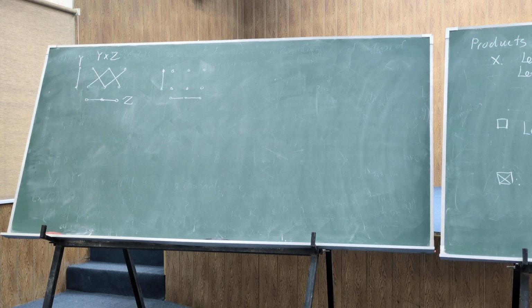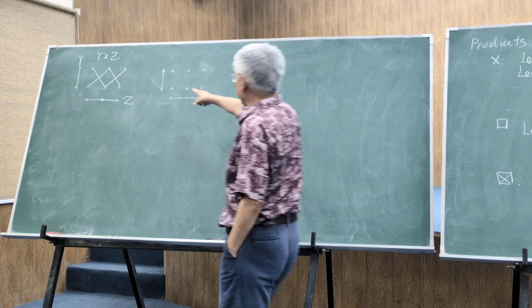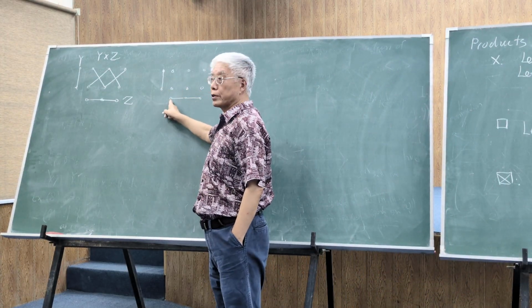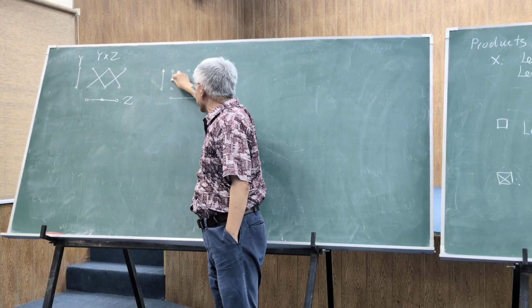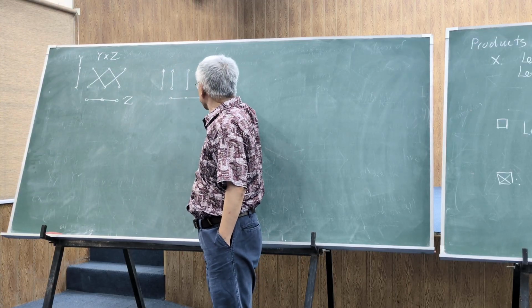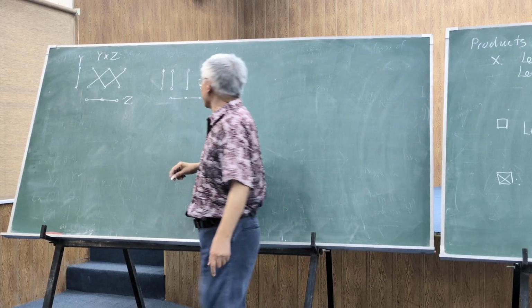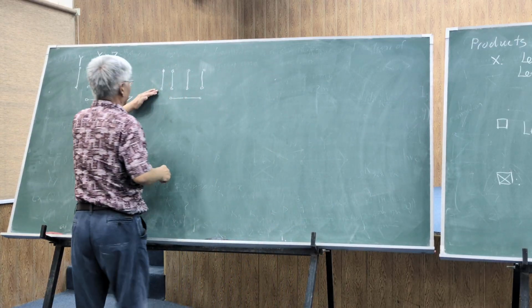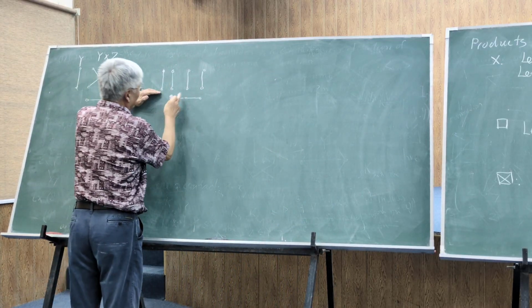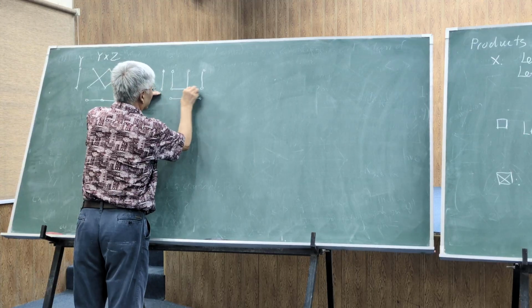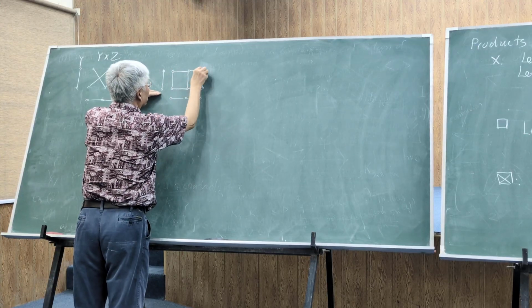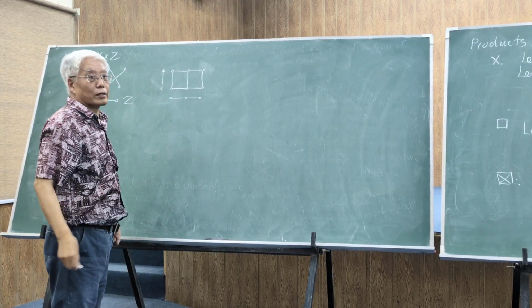If the second component is equal, then we look at whether the first components are adjacent or not. When this component is equal, that component gives you these three edges, right? Even without looking which one it is. But now if that component is equal, it has to give these two edges. So this is the second product.